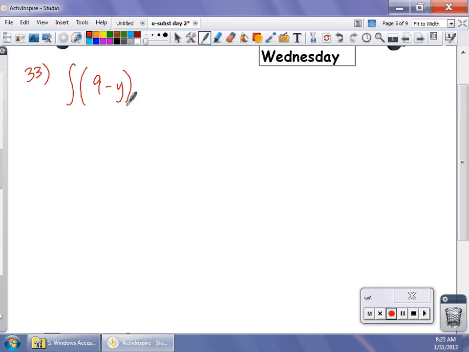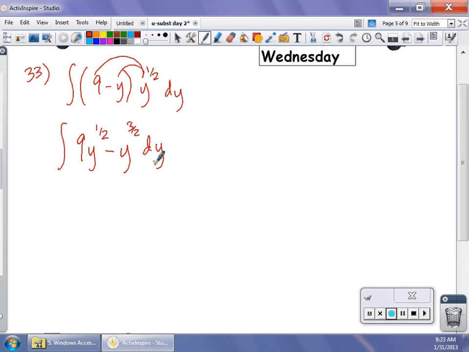Again, I'm going to change that square root of y into y to the 1/2 power dy. U substitution is unnecessary. Use your basic algebra skills, distribute, and I get 9y to the 1/2 power minus y to the 3/2 power, and I do normal anti-differentiation term by term. I do not need u substitution for number 33.